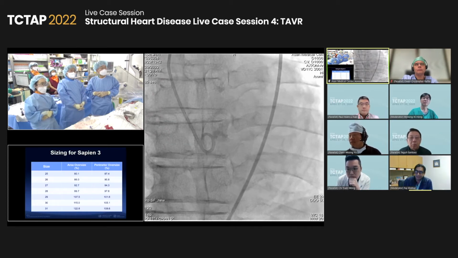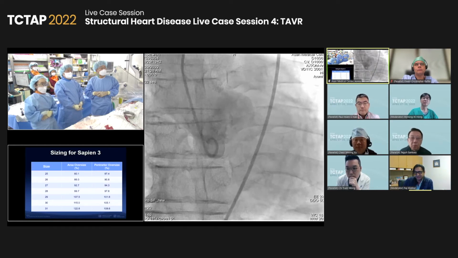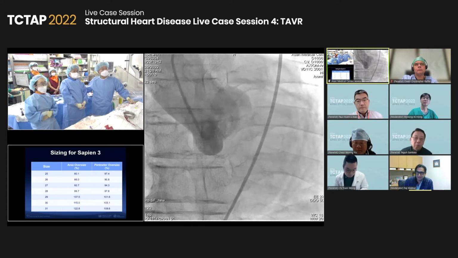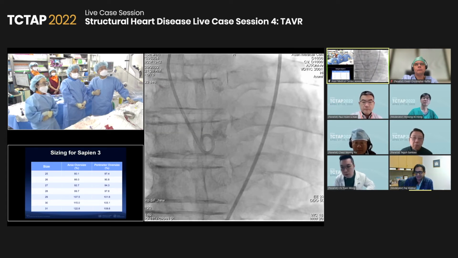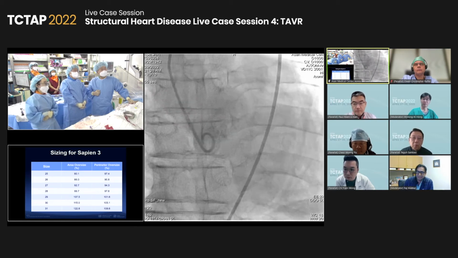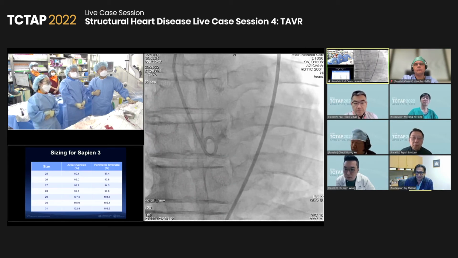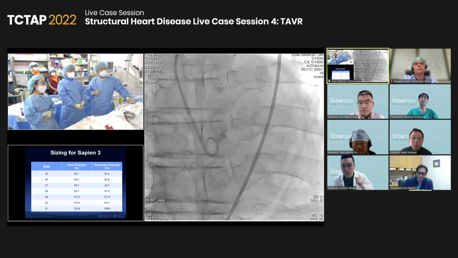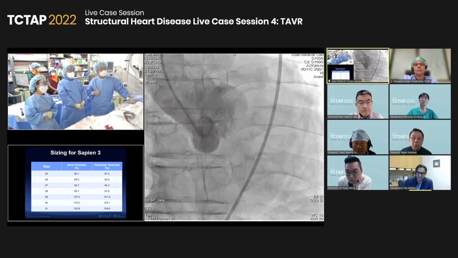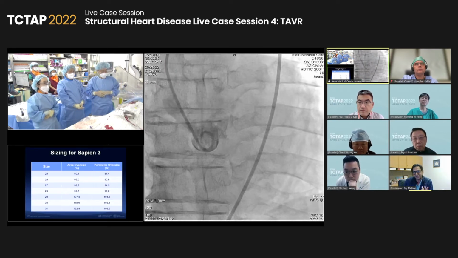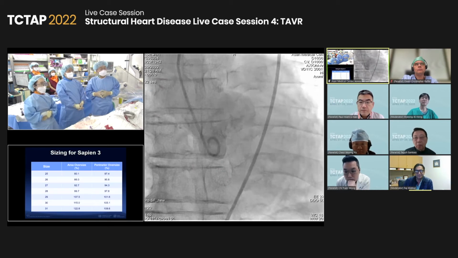In the anatomy that you presented, the access is excellent, the aortic angulation is excellent, the coronary height is very good and favorable, and the calcium seems to be distributed across all three leaflets. So this seems to be an excellent case clinically as well as anatomically.